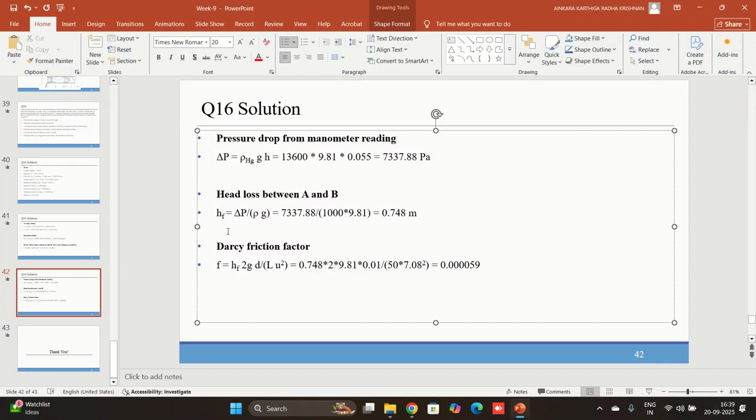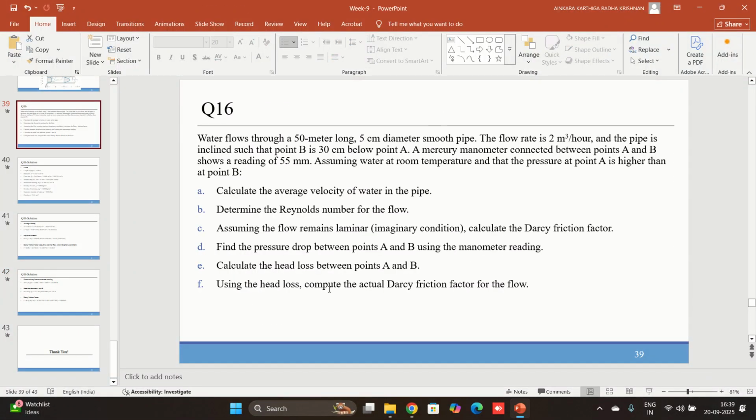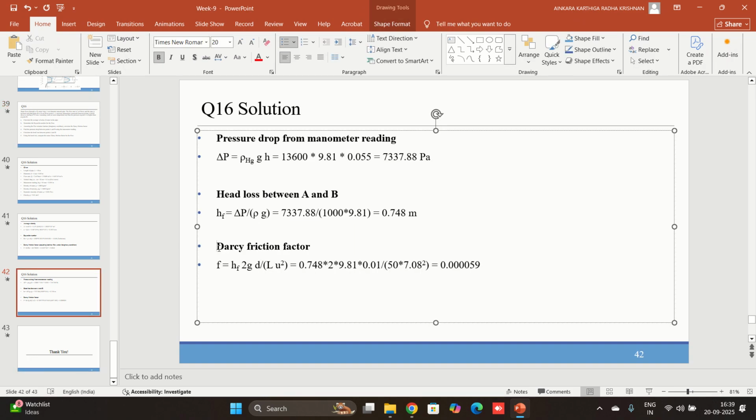And finally the actual Darcy friction factor for the flow. So f is equal to hf into 2g into d divided by L into U square. So hf is 0.748, there is no change, into 2 into 9.81 into, we changed the diameter of the pipe from 1 centimeter to 5 centimeter, so into 0.05, and divided by L, which is 50 meters.